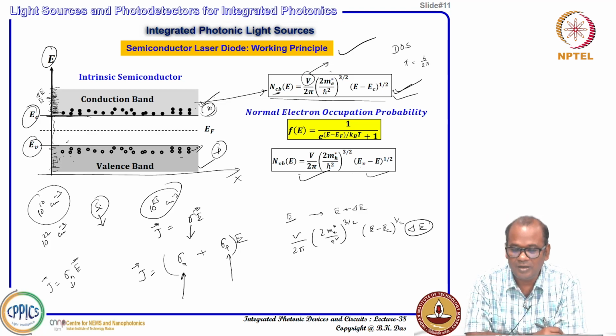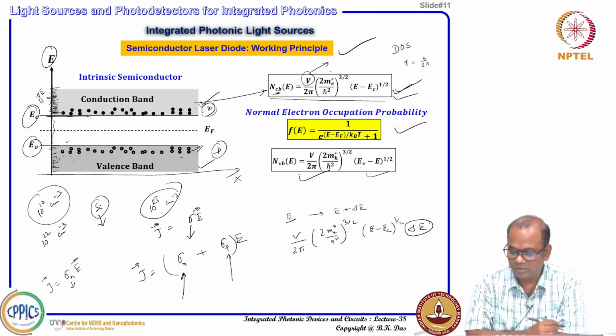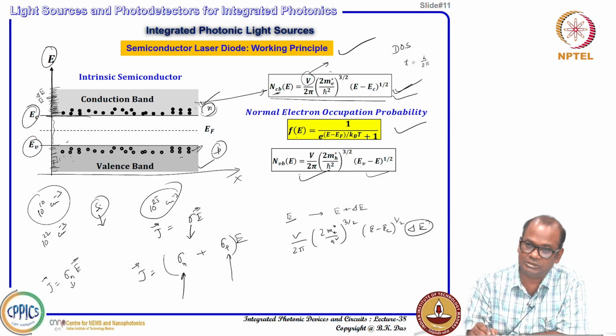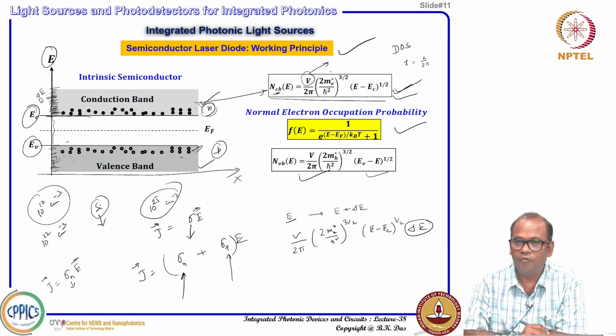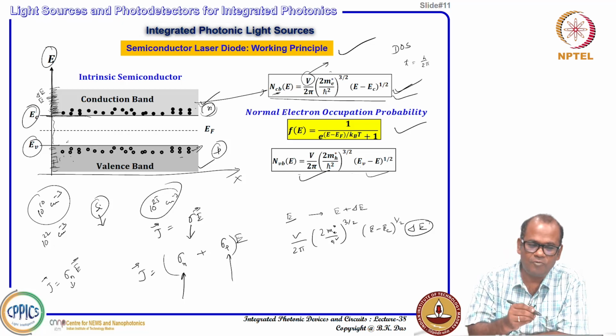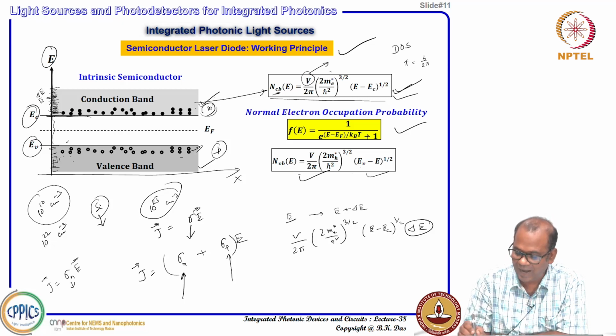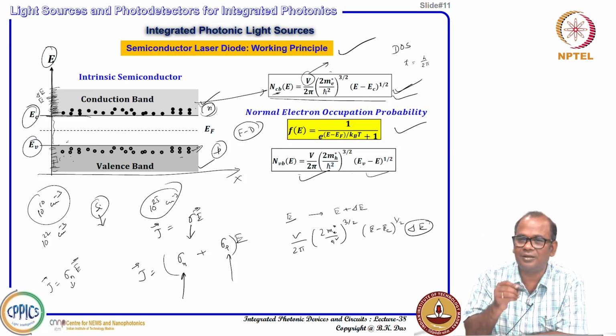Now, another interesting thing, I think you all know that at a given energy and for a given temperature, what is the occupation probability? What is the probability of occupancy for an electron? That is actually defined by Fermi-Dirac statistics. So, energy levels being available does not mean that electrons already occupy them.